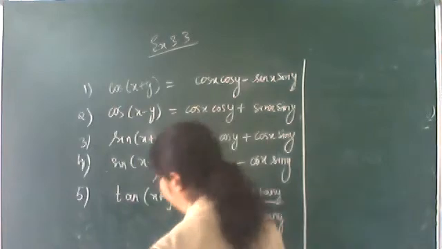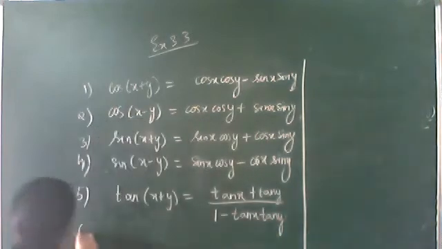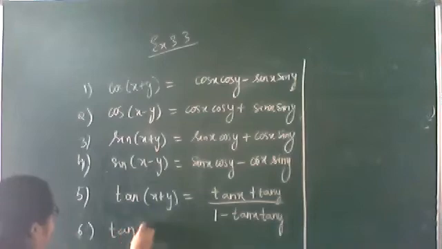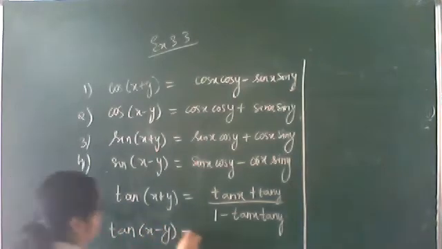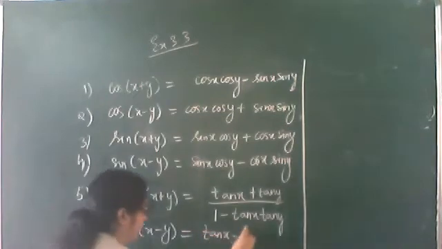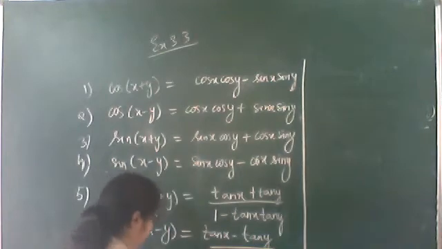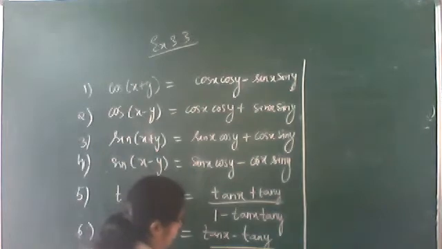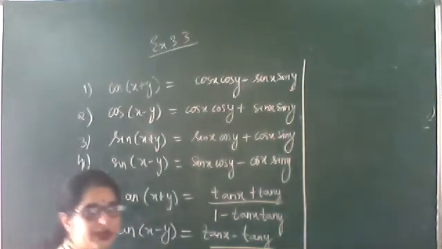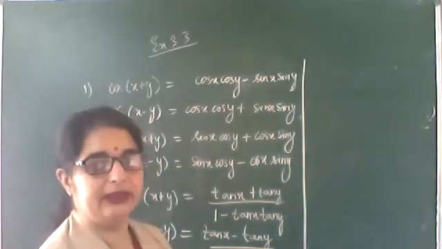Clear? Then sixth formula is tan of x minus y, which is equal to tan x minus tan y upon 1 plus tan x tan y. These are your 6 formulas you must have written here.